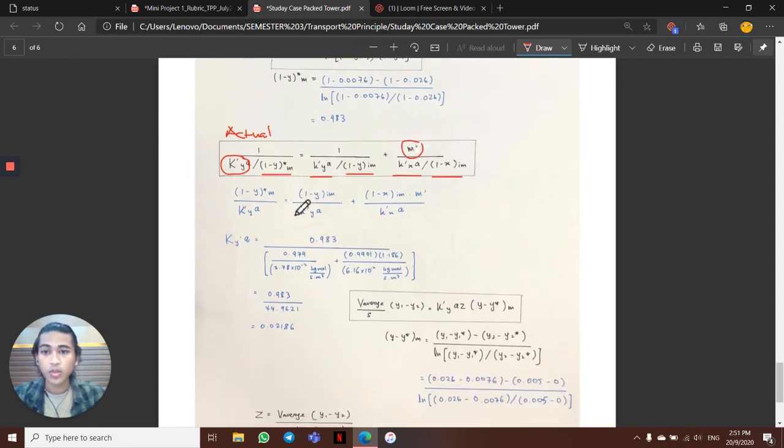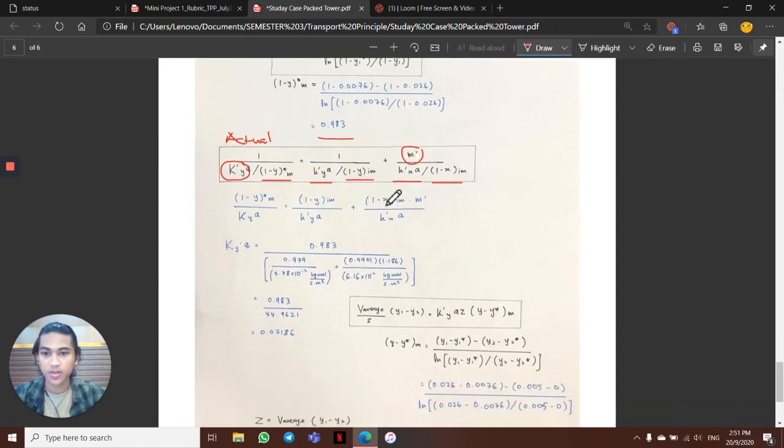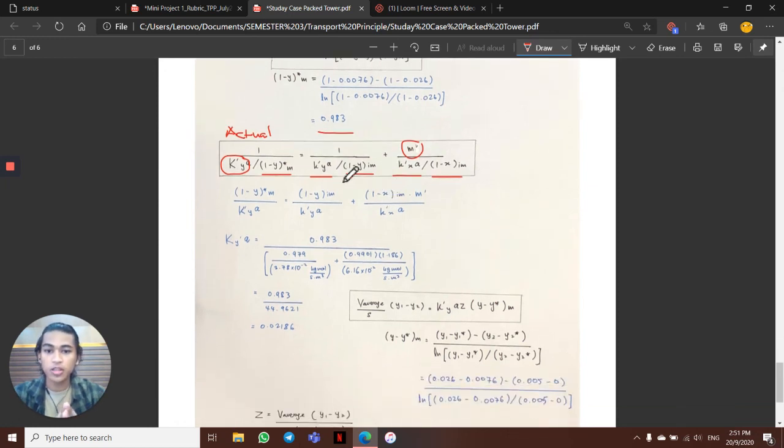So what we have to do now, we already calculated the 1 minus y star m, which is 0.983. So we already have the value. All we have to do now is to insert in the actual formula in order to find the capital K. So from this formula, first of all we have to isolate the capital K ya.